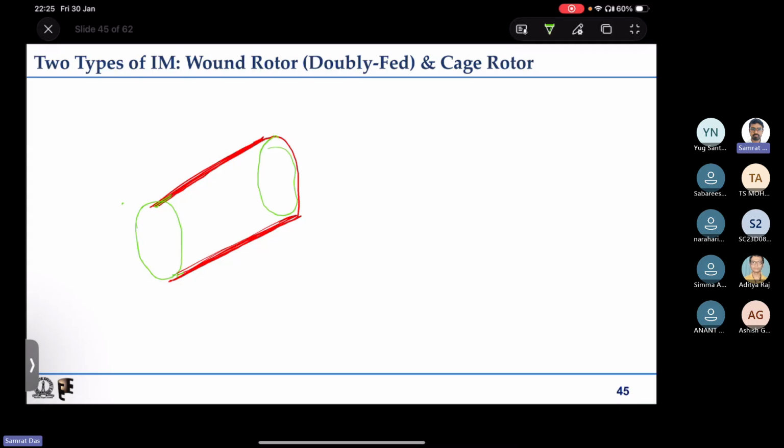Now some other conductor may be here, some other conductor may be in this location, and like this they are going back, and they have some return path.